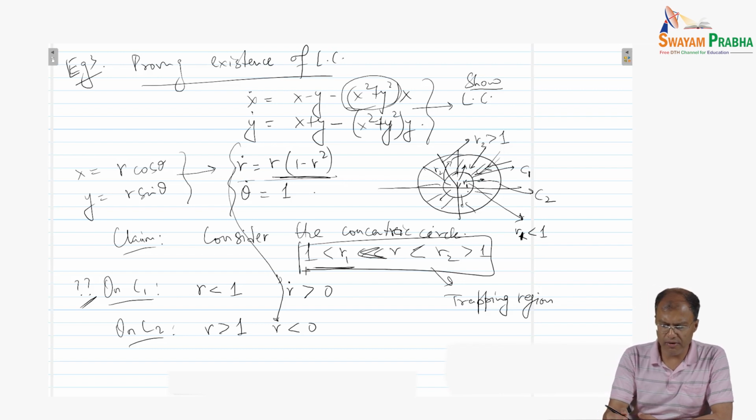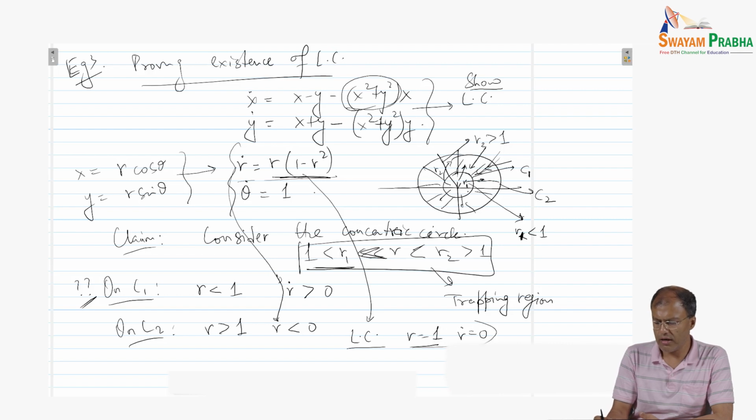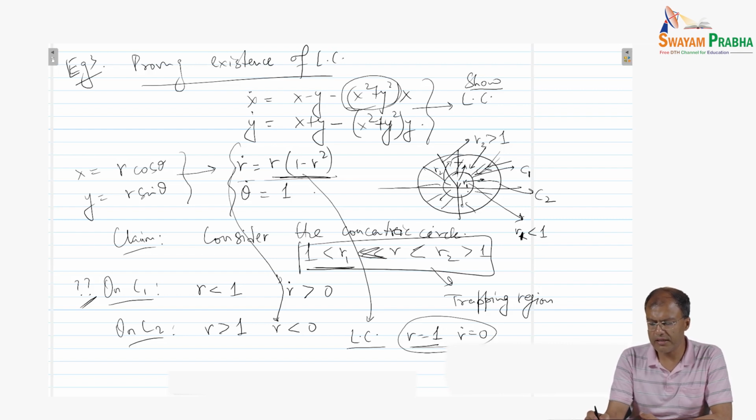We can quickly check that the limit cycle is given by r equal to 1, because at r equal to 1, r dot is 0, and that is where the trajectories neither increase nor decrease radially. So the limit cycle is inside this trapping region, given by r equal to 1.